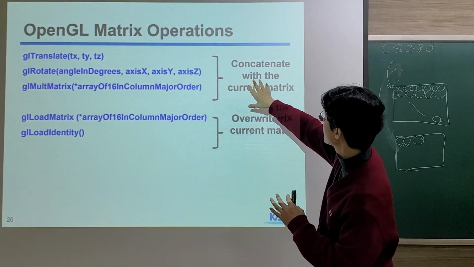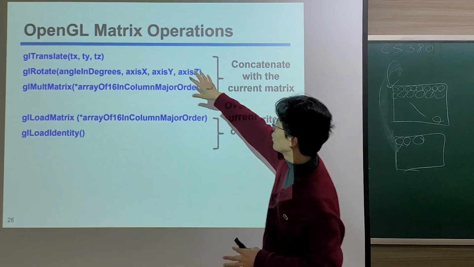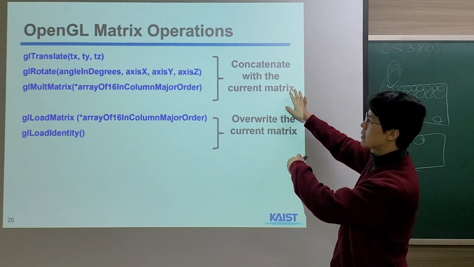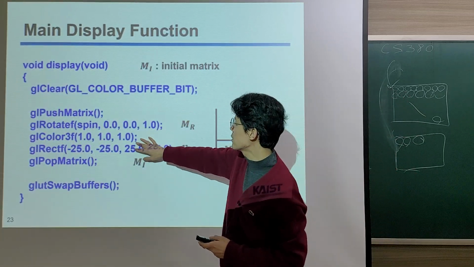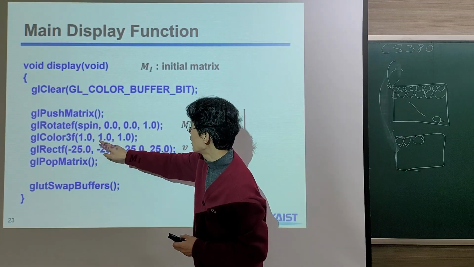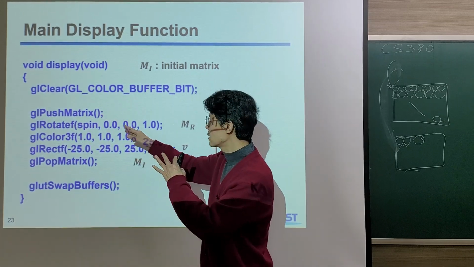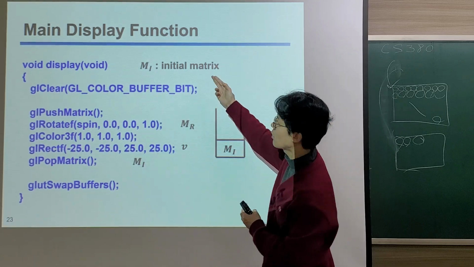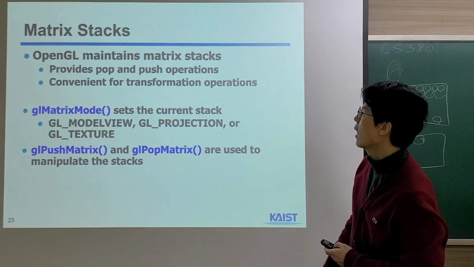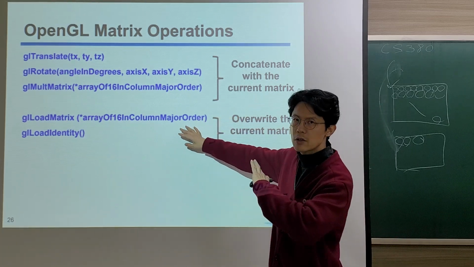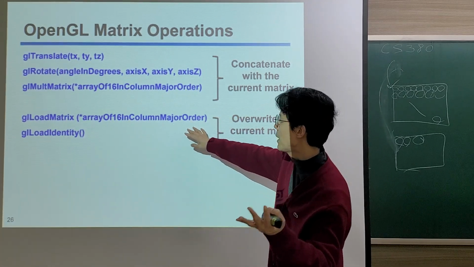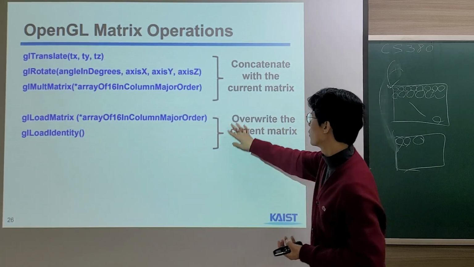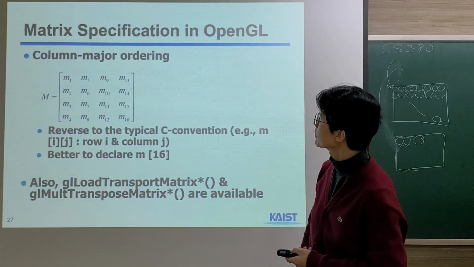When you call these functions, we concatenate the rotation matrix or some other matrix with the current matrix. So when I call rotate, I create this rotation matrix, M_R, and apply it to the current matrix. But sometimes we can also reset the current matrix by calling glLoadMatrix or glLoadIdentity, which overrides the current matrix.